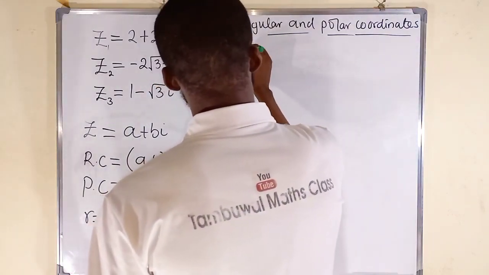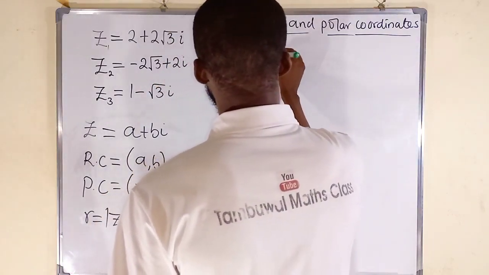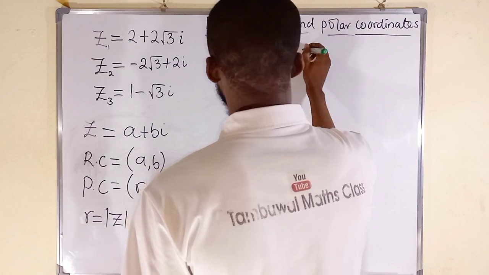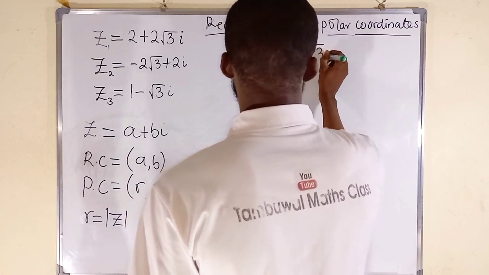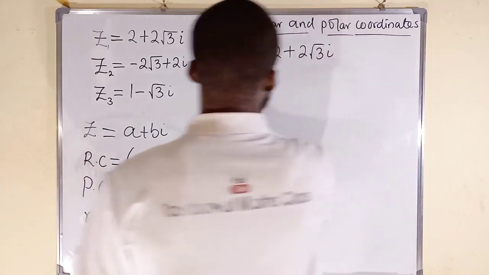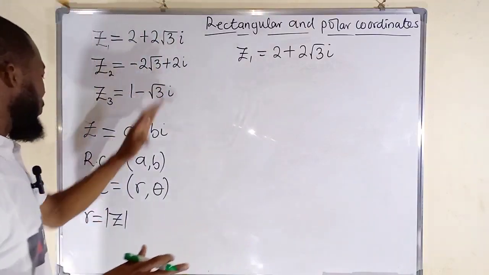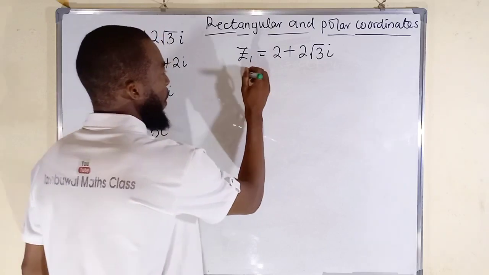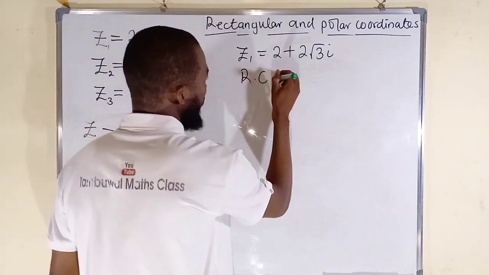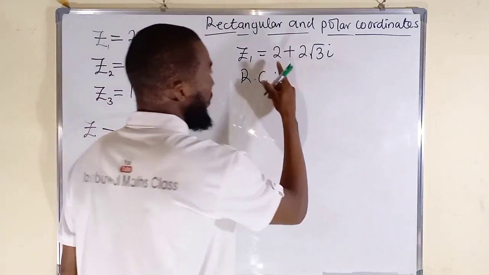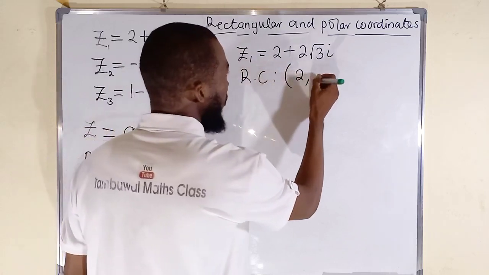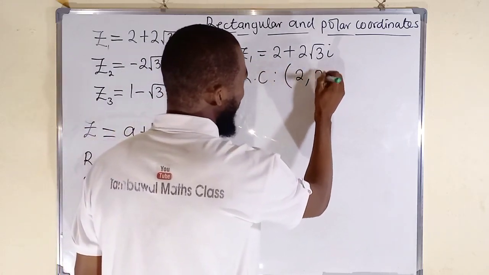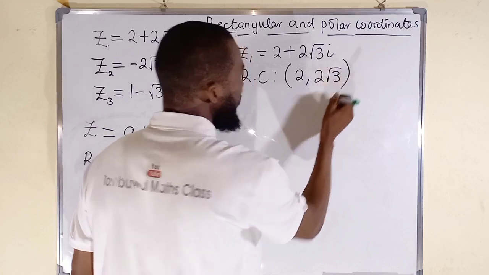So let's start with the first complex number, z1 equals 2 plus 2 root 3 i. Writing a complex number in a rectangular coordinate is very simple, because it's something you can see: the real part, comma, the imaginary part. As simple as this.